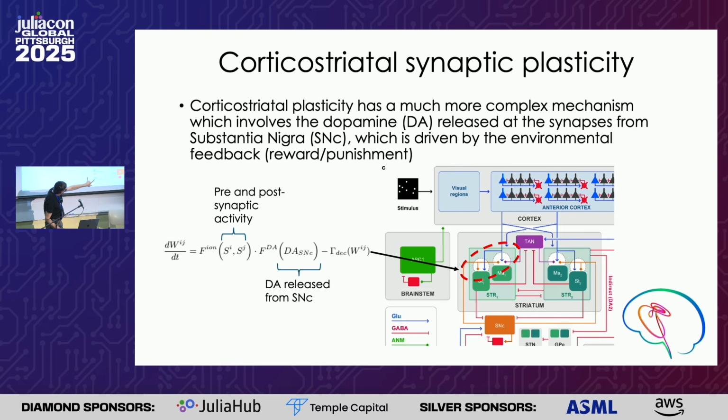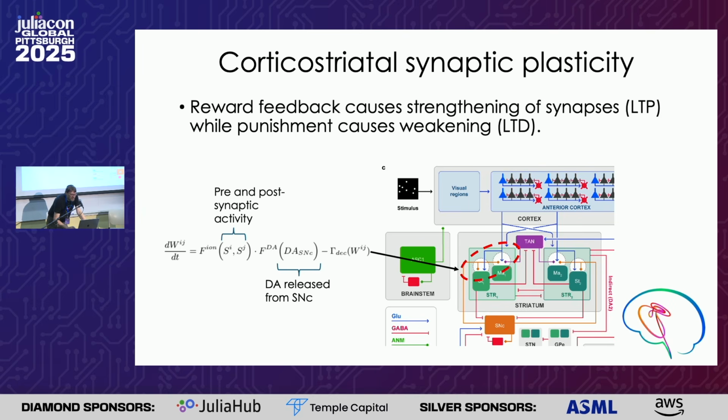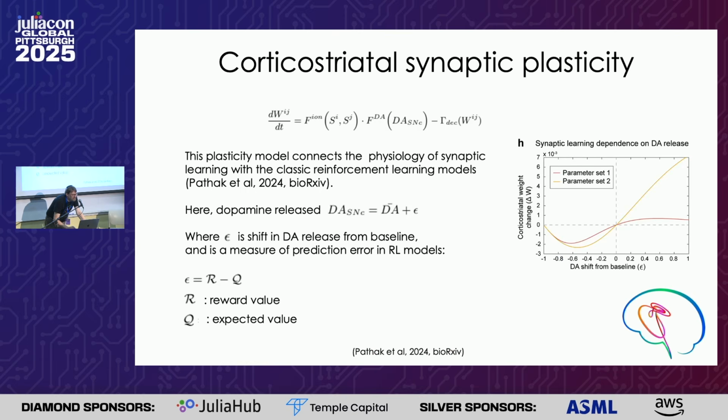The decision is made between these two striatum blocks. Whichever one is stronger is essentially winning. And so these are the rules that are applied. You have cortical striatal synaptic plasticity.